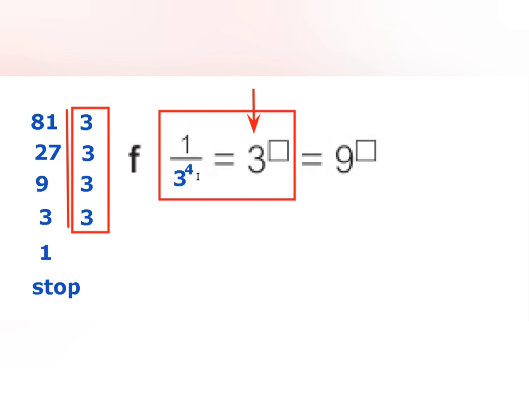So 3 power of 4. Now, we understand that 1 over this one, this part here, is a negative power. So 1 over, like this. Let's use another color. So 1 over means a negative power. So I'm going to put a negative power here.